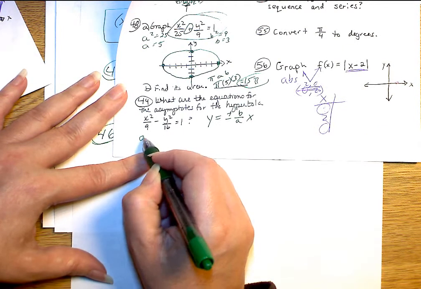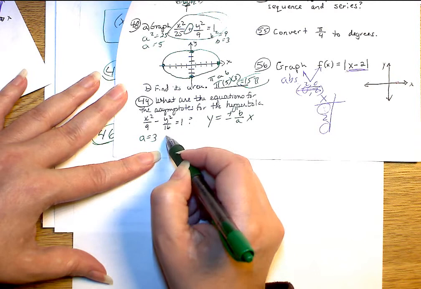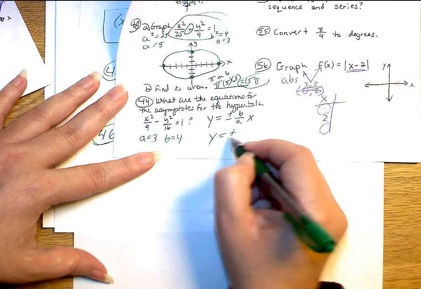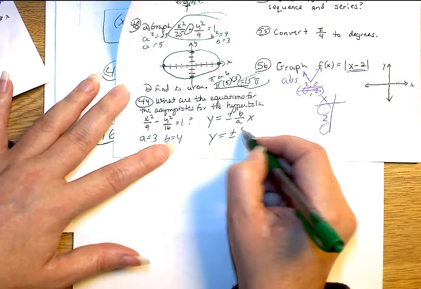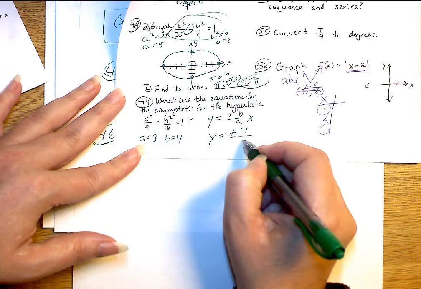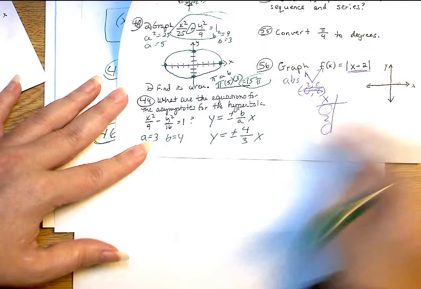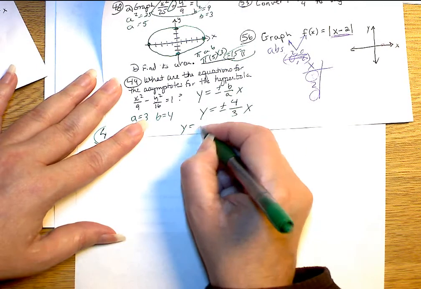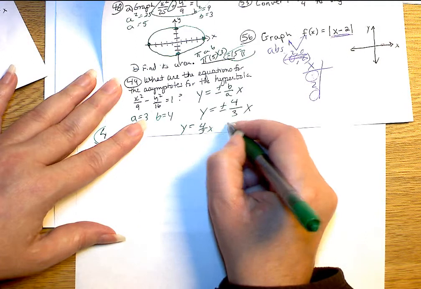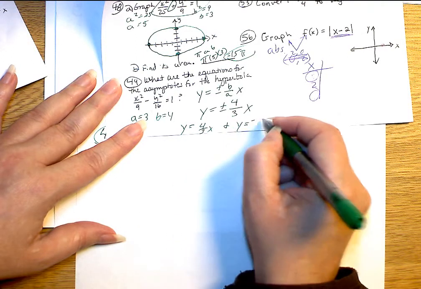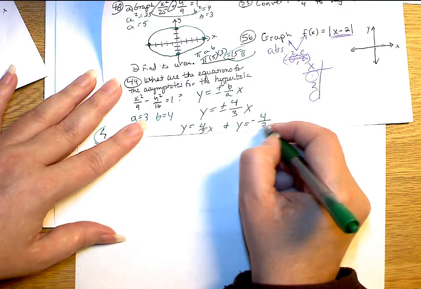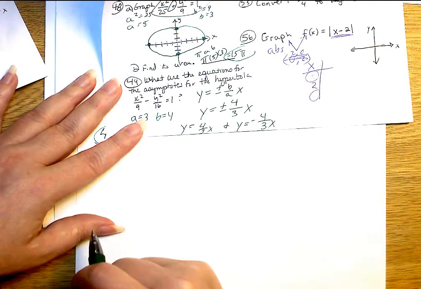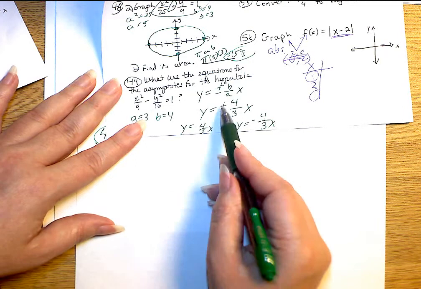A is 3, B is 4. So now we just go y equals plus or minus 4 over 3 x. Hopefully you guys all know that this means y equals 4 over 3 x and y equals negative 4 over 3 x. That's what that plus or minus means. It means this and that.